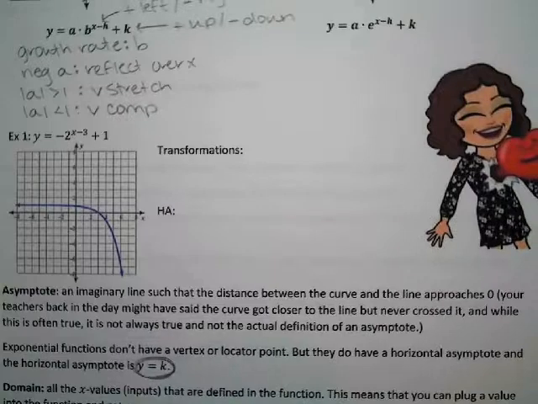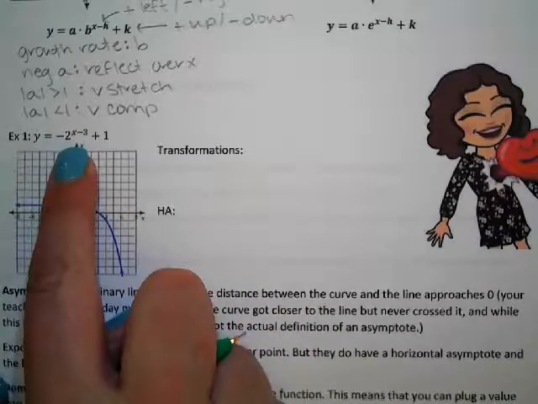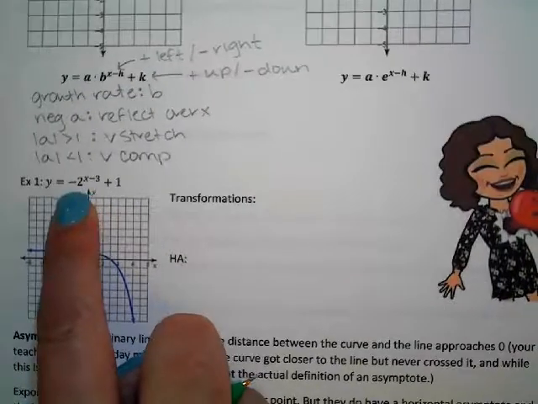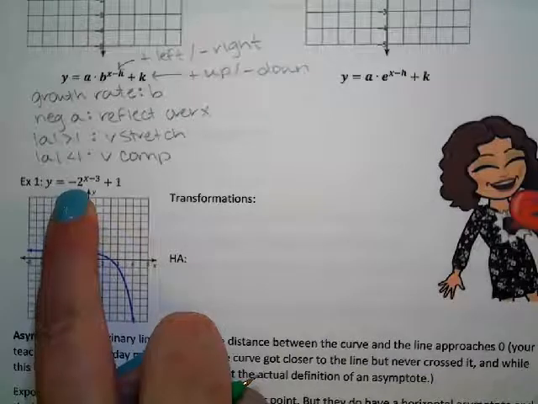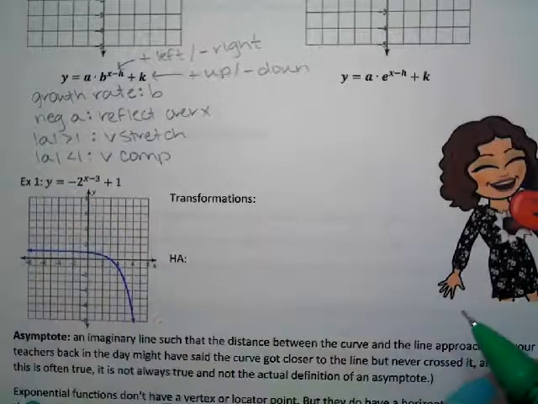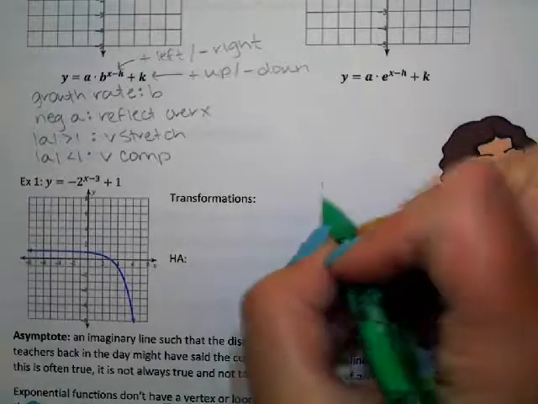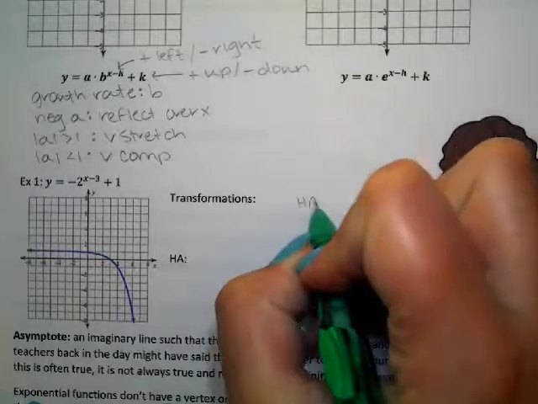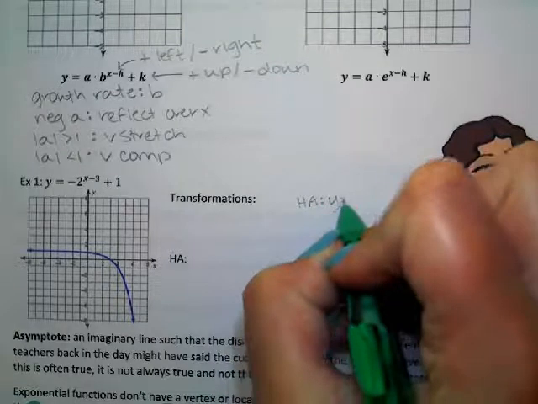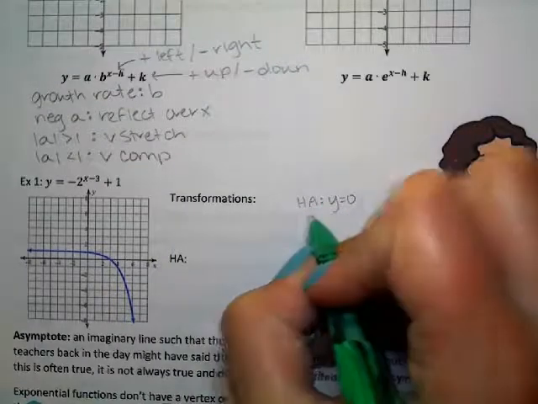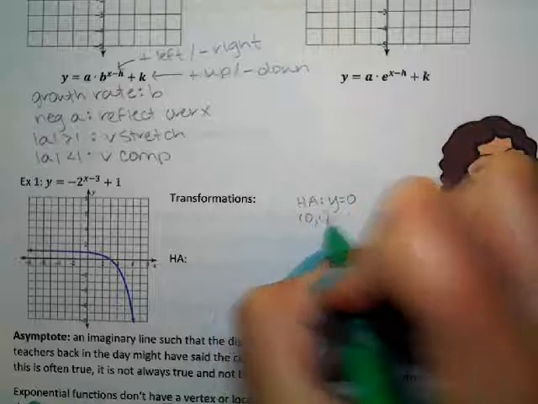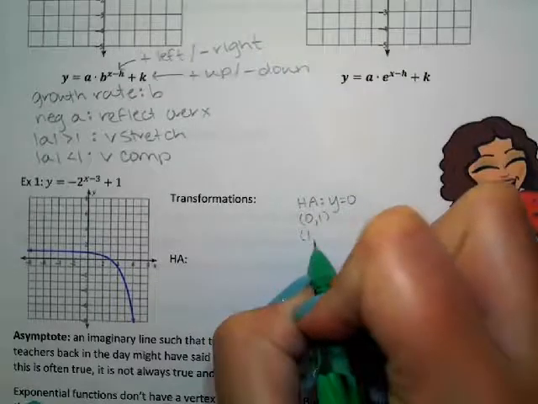So here, if we wanted to graph this one, we would look and see that the growth factor is a 2. So we would start off with that information. We would say our horizontal asymptote is y equals 0. We would have the point 0, 1, and the point 1, 2.